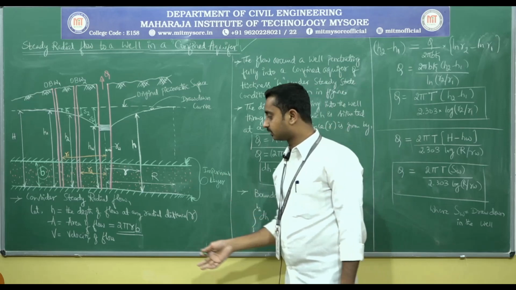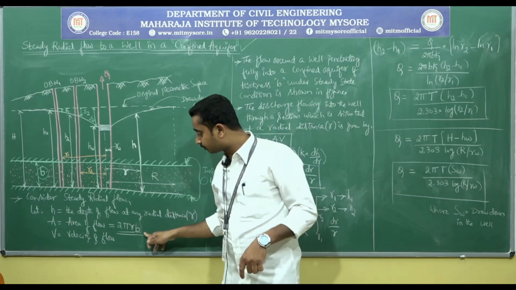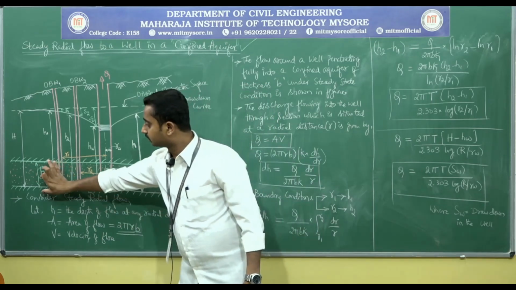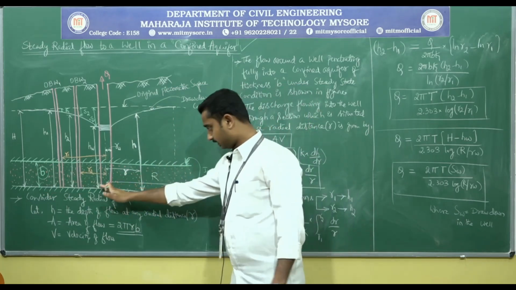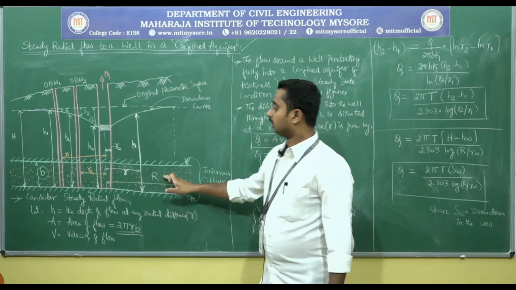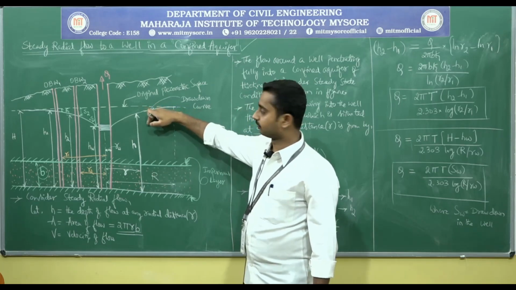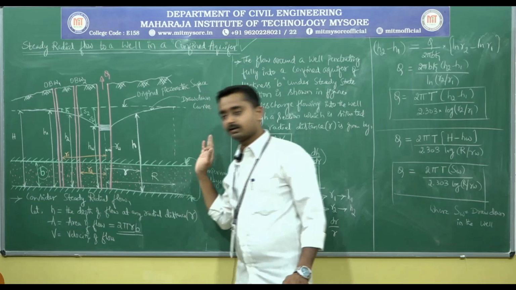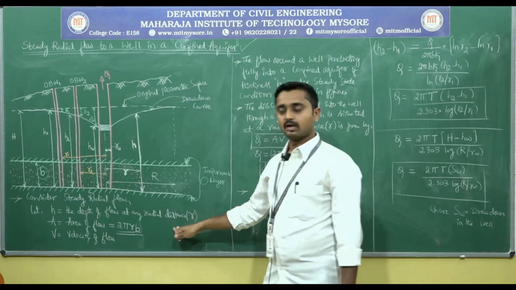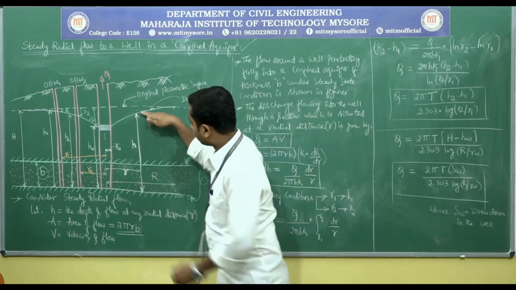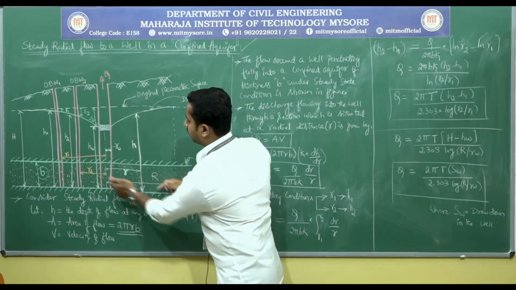In the previous derivation the area of flow is 2 pi r h, but here it is 2 pi r b, because the thickness between the impervious layers is B. Radius of influence R is the radial distance at corresponding head H. Now consider the steady radial flow, very similar to the last derivation. H is the depth of the flow at any radial distance r.